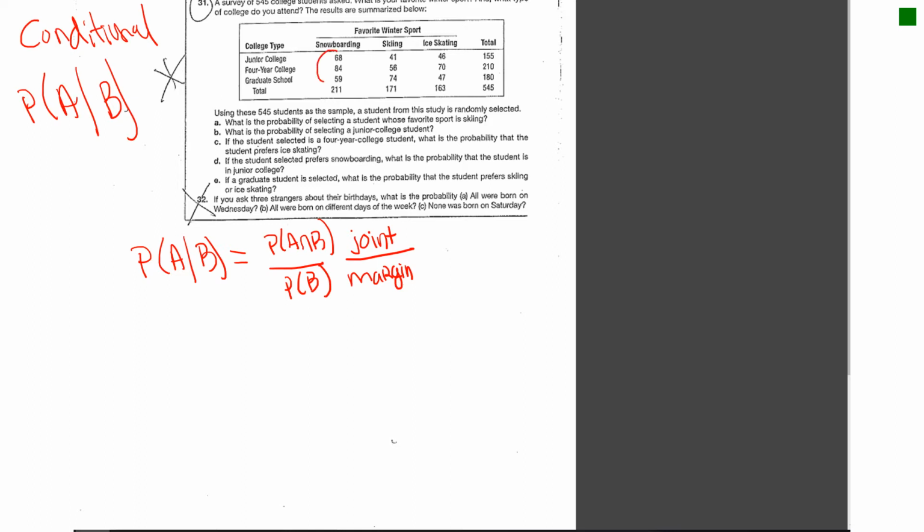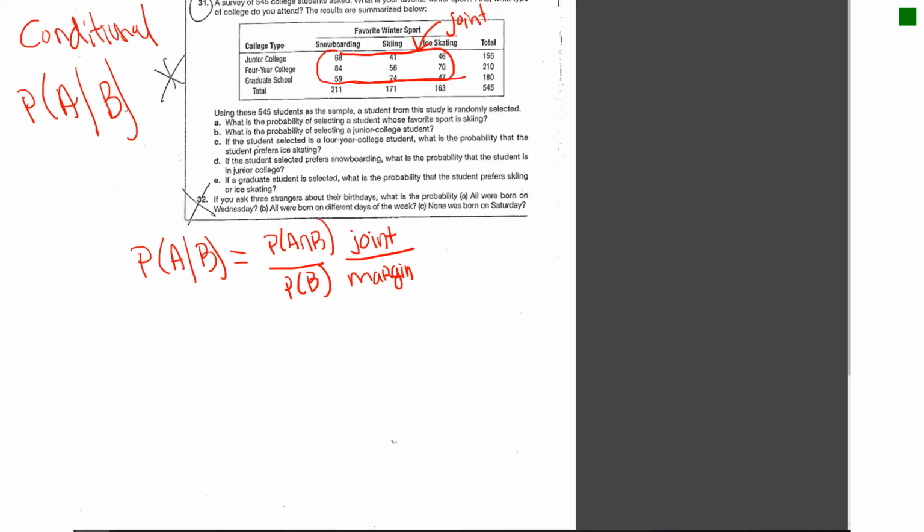Now, when you look at this table, I'm going to circle some things here. The inner part of this table is going to be referred to as the joint probabilities. In other words, there's an intersection within the body of the table. In this case, you have snowboarding intersects with the different types of schools, skiing, and so forth. Everything else is said to be in the margins of the table. That's why it's called marginal probability.